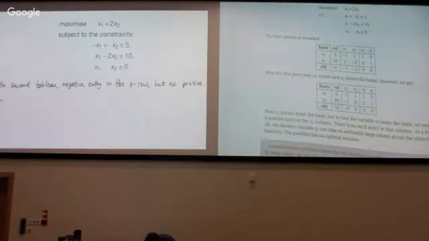So no pivot is possible. And we call this an unbounded problem. So the objective can be made arbitrarily large, and there is no optimal solution.